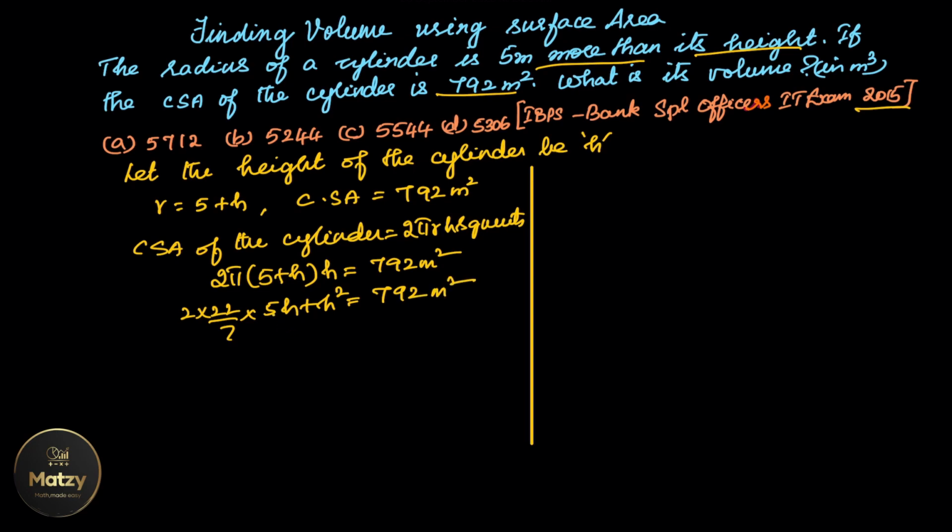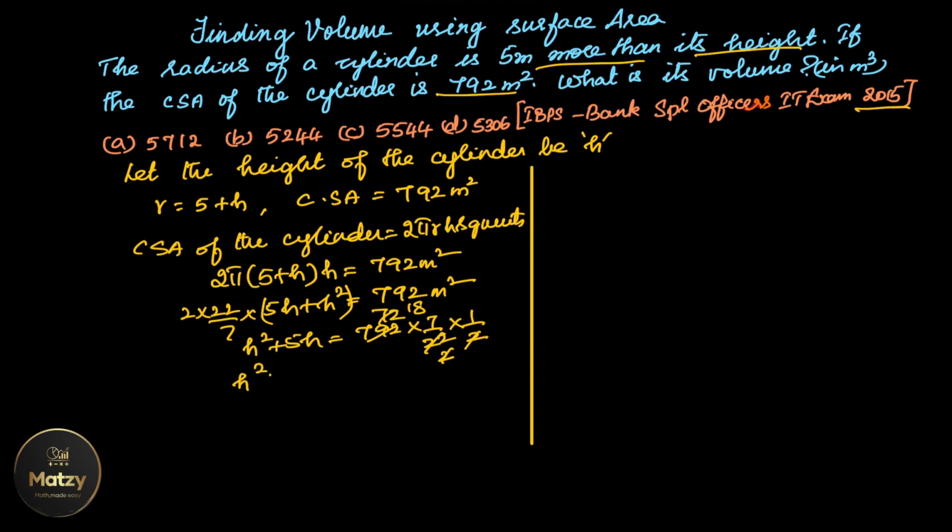So h square plus 5h is equal to 792 into 7 over 22 into 1 over 2. Here 11 is going into 22 two times, and into 792 seventy-two times, and 2 twos are 4, it's going 18 times.